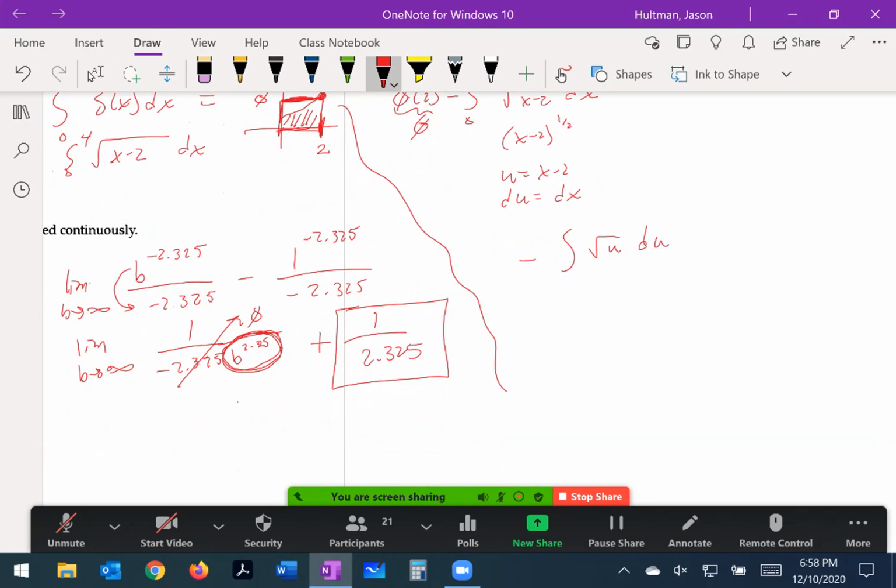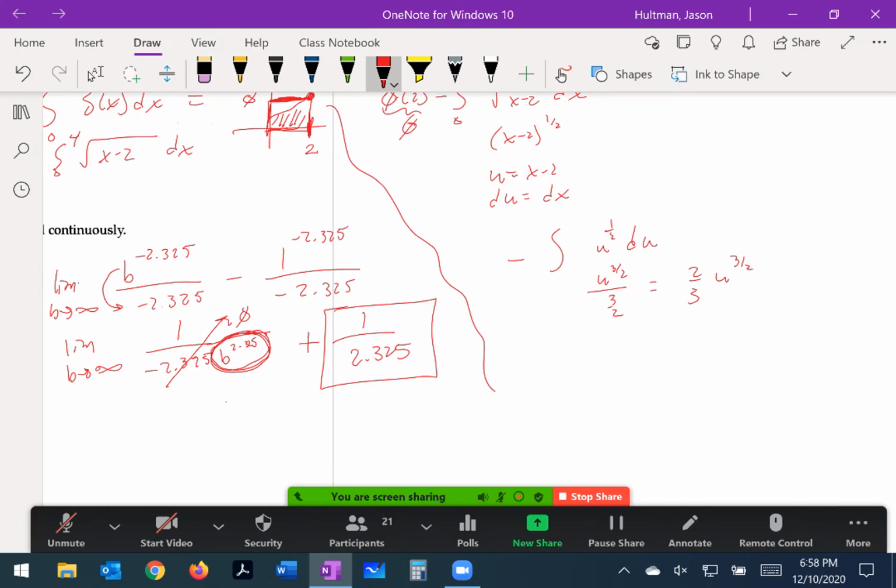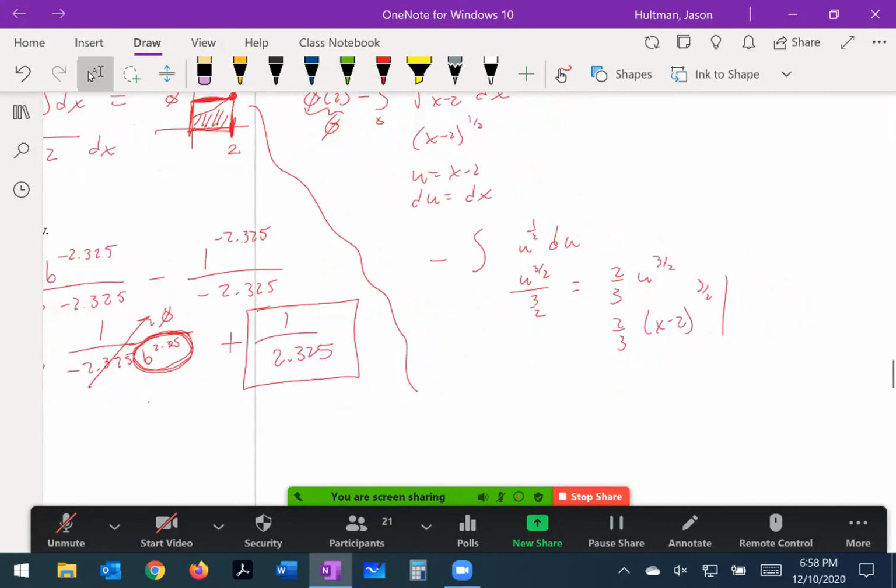If I integrate radical u du, or u to the 1/2, this becomes u to the 3/2 over 3/2, which is 2/3 u to the 3/2. But what was u? U was X minus 2, so 2/3 times X minus 2 to the 3/2, evaluated from 0 to 4.